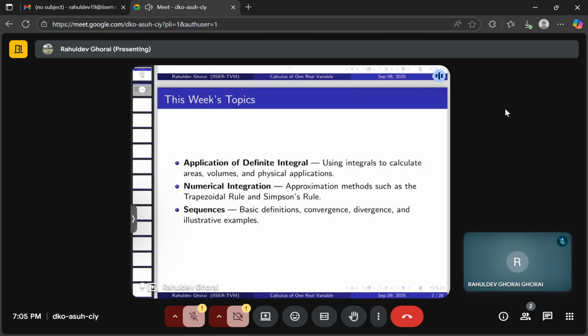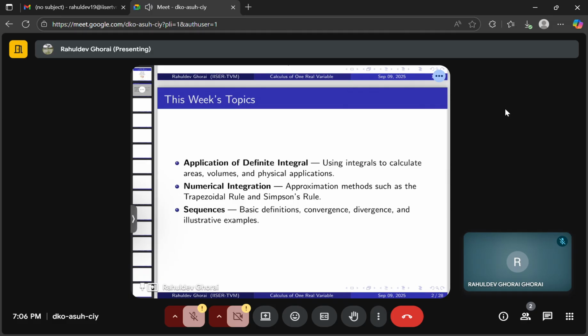But I will be mostly talking today about numerical integration, which is one of the important topics, and sequences. Numerical integration, why I'm not doing definite integral, mostly we have done it in the last lecture, because this definite integral was divided into two parts, first part and second part, and mostly we have done areas and all a little bit.